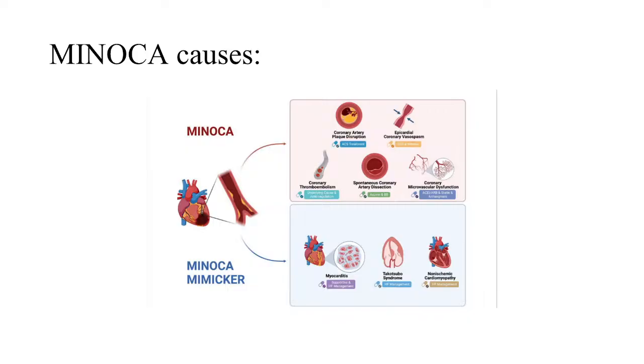That is not MINOCA. But if it is severe enough to actually cause a myocardial infarction, then you can classify that as MINOCA, because this is all myocardial infarction. Apart from epicardial coronary vasospasm, the other causes could be coronary thromboembolism, spontaneous coronary artery dissection (SCAD), or CMD, coronary microvascular dysfunction.